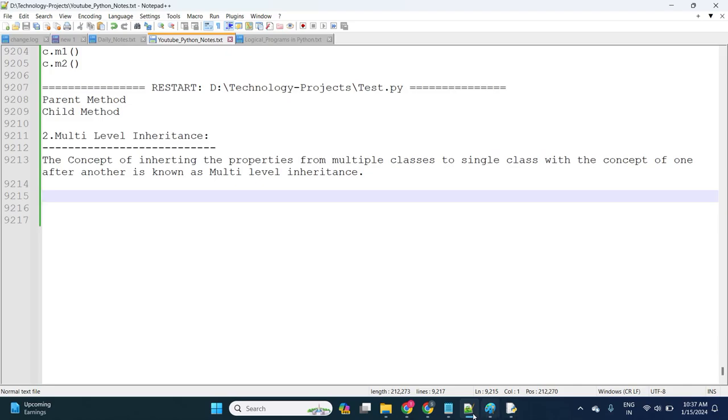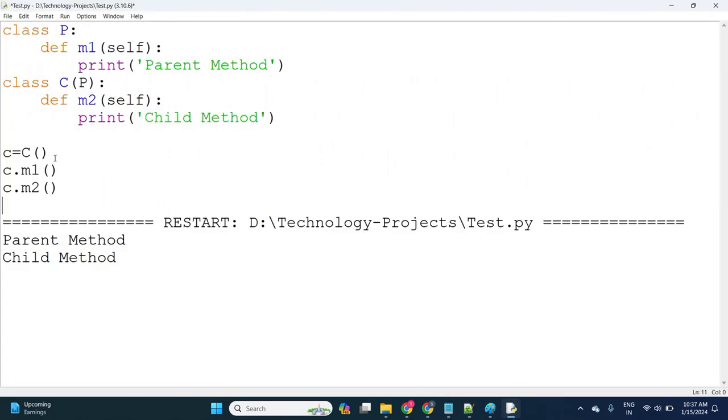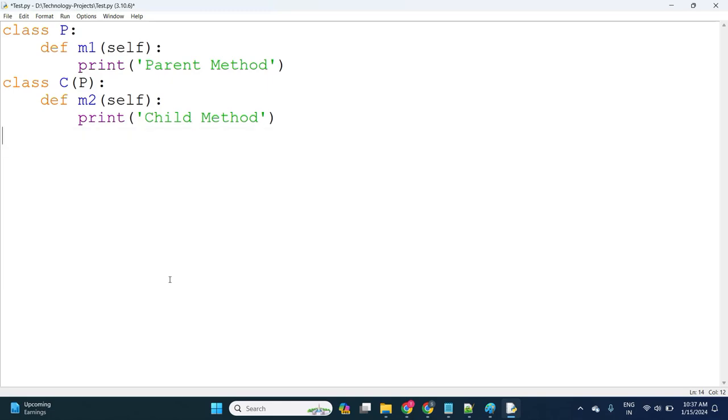Clear? So now observe here with respect to multi-level inheritance.